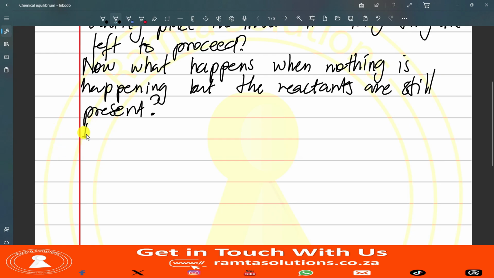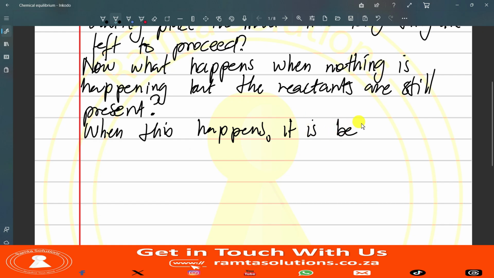Now when this happens, it is because the reaction takes place in the forward and the reverse direction. It is because the reaction takes place in two directions.